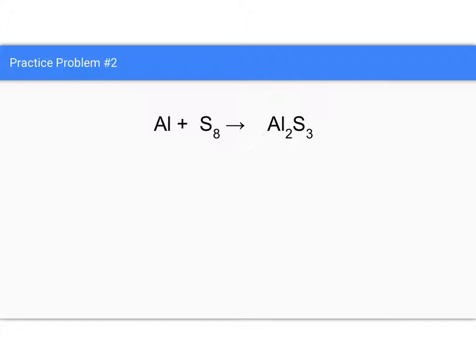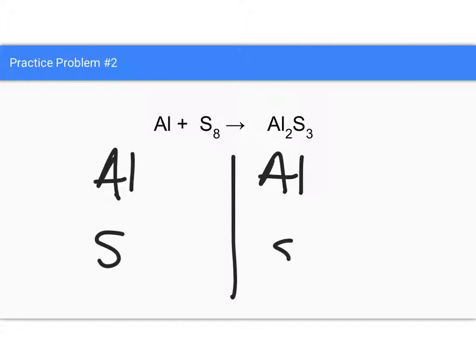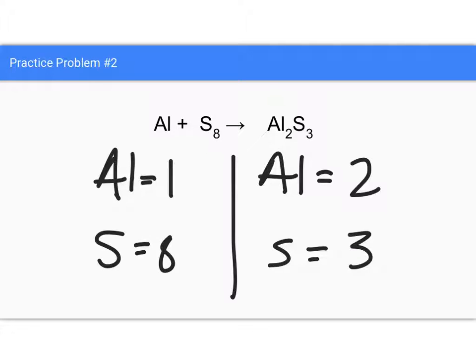All right, things are getting a little bit more complicated. Let's take a look. We've got aluminum and sulfur making aluminum sulfide. So we're going to have aluminum and sulfur, aluminum and sulfur. We're going to count how many do we have on each side of the equation. 1 aluminum on the left, 8 sulfurs on the left, 2 aluminums on the right, and 3 sulfurs on the right.